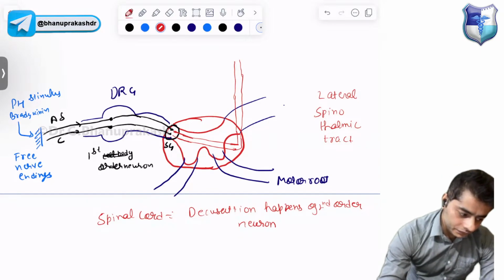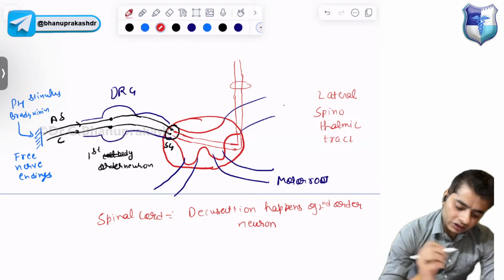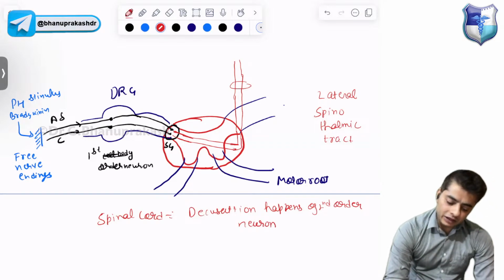Now, this is a bundle of lateral spinothalamic tract.